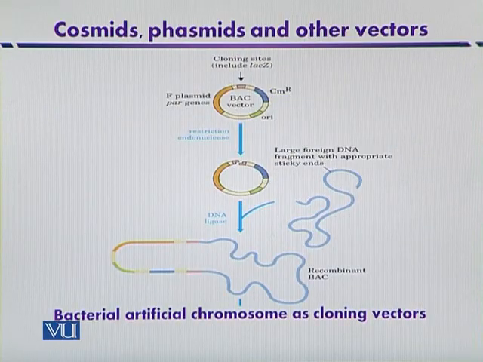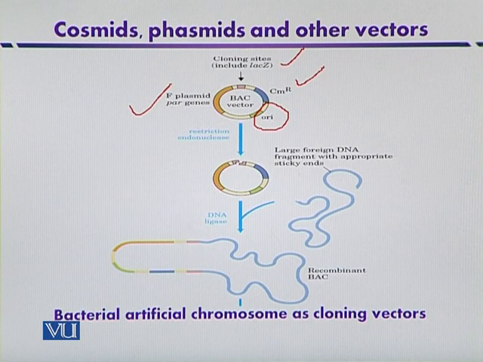The next diagram will indicate the cloning procedure with BACs. As I told you, the bacterial artificial chromosome contains a PAR region from the F plasmid. It also has an origin of replication, resistance genes to chloramphenicol, and a cloning site that is included within the LacZ gene, which synthesizes the enzyme beta-galactosidase.